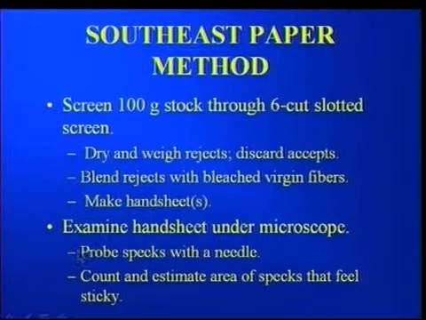Now they take this handsheet and examine it under a microscope using a probe to identify and distinguish stickies from non-sticky material, and they count and measure or estimate the area of these specks. This is the manual method, relatively tedious but supposedly very specific to the amount of stickies.